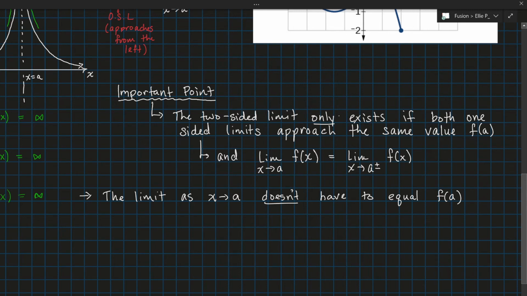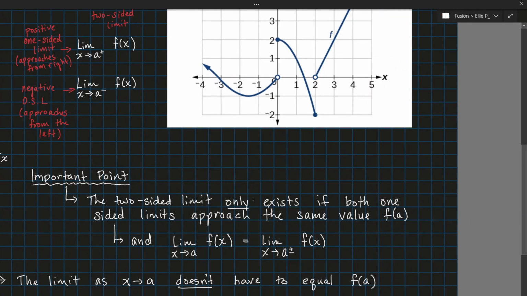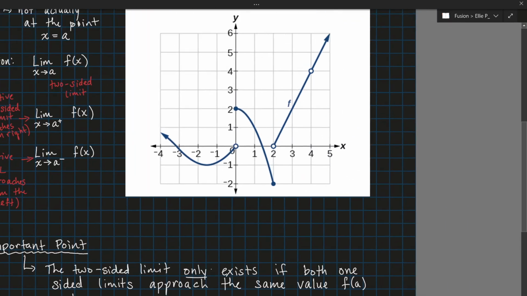So even if the function does exist at that point, that doesn't guarantee that the limit will be the same. And we'll see an example of that in a minute.